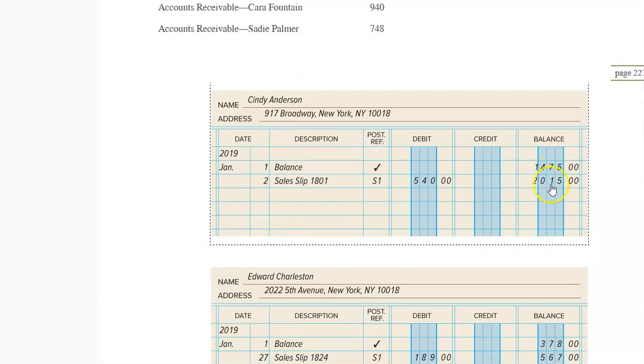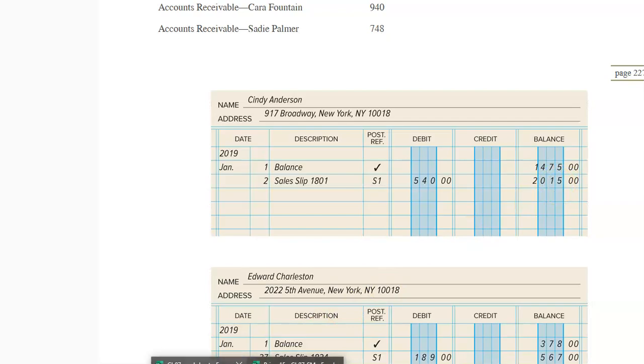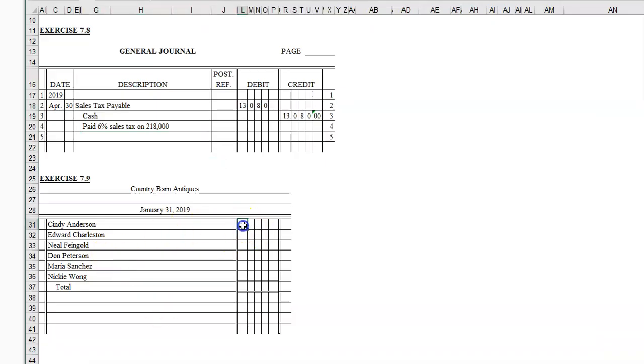Her final balance is 2015. So we're just going to go here and put her in. This is going to be a schedule of accounts receivable. And you're going to put Cindy in, which is going to be 2015.